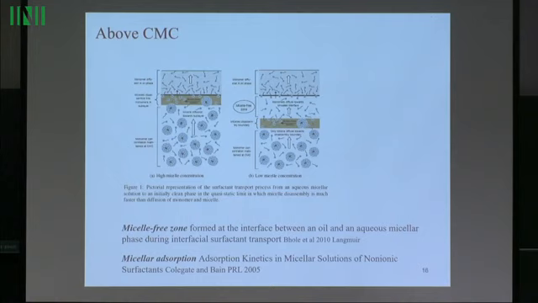And what they saw was they have a solution with a concentration above the CMC, and in these micelles, they've added a dye that fluoresces when it's hiding in oil. But if it's in contact with water, it's quenched.